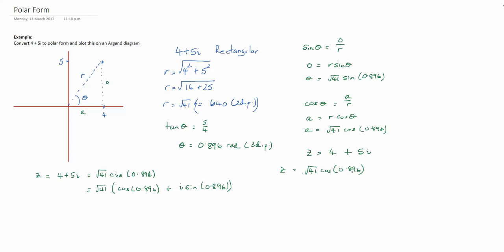Now if you calculate that, you'll get 4, and this opposite distance here, well, that is root 41 the sine of this angle, the argument 0.896. And if you calculate that, you end up with 5, and let's not forget i. Now if we take root 41 out as a common factor of those two parts, we end up with this.